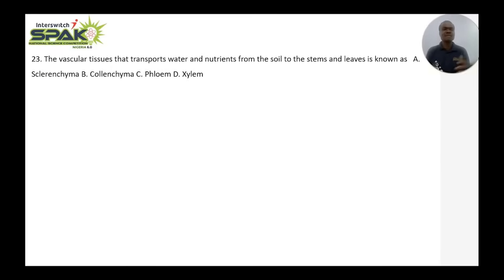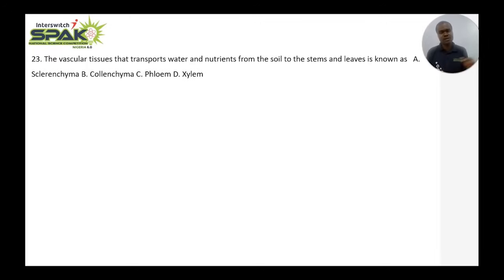The next question says the vascular tissue that transports water and nutrients from the soil to the stems and leaves is known as dash. Sclerenchyma, collenchyma, phloem, xylem. Sclerenchyma and collenchyma are support tissues. They provide mechanical support against mechanical stress. But phloem and xylem are the two vascular tissues here. Phloem translocates food. What's translocation?